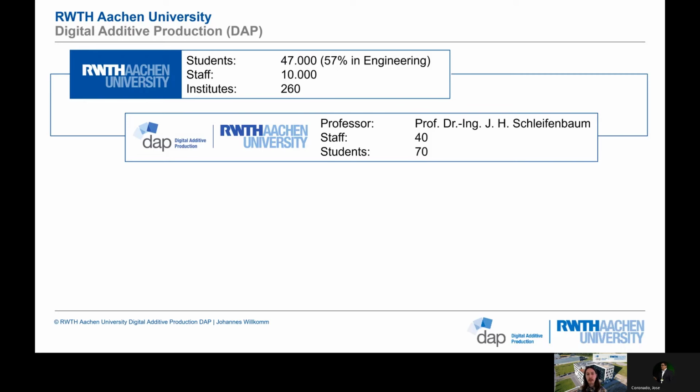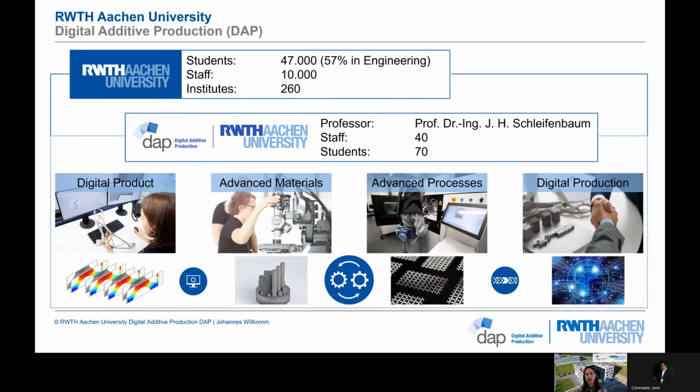And the best way to show what we exactly do is to present our 4 groups: digital production, advanced process, advanced materials, and digital product. The research fields of these groups are automatization and data processing, for example, like nesting, slicing, or generating support, production and factory planning.